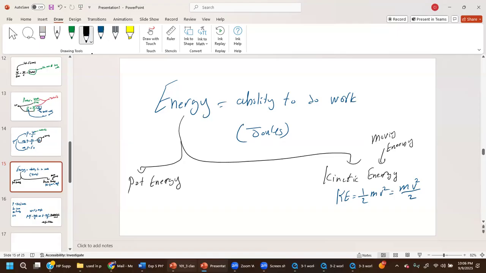And the potential energy is a stored energy. Now, the main one is your gravitational potential energy, PE gravitational, which is going to equal the one we just saw, your mass times your gravity times your height.